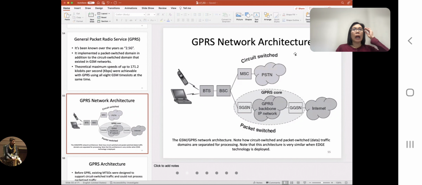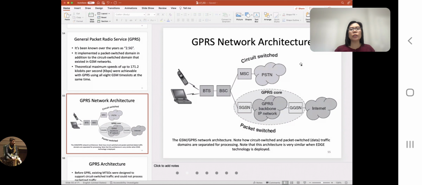That means the sender will send a signal to the receiver. I'm talking about receiver, but basically there are two people talking to each other. A signal is sent from the sender to the receiver, and then the whole path is reserved for that call, and it is reserved for the whole duration of the call, right?